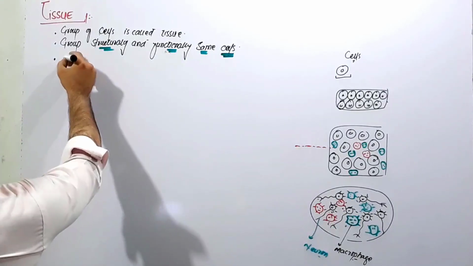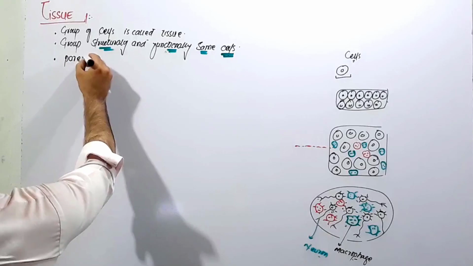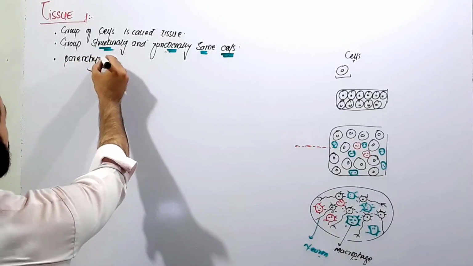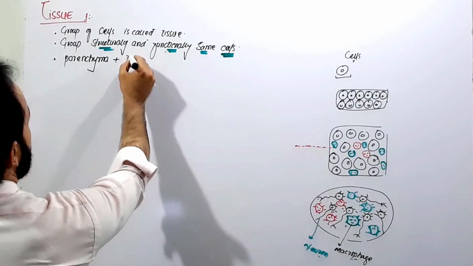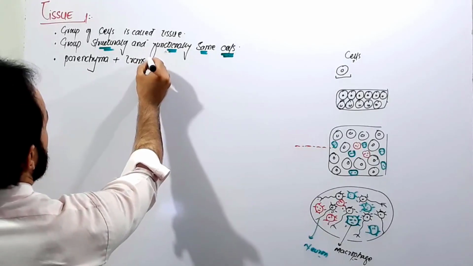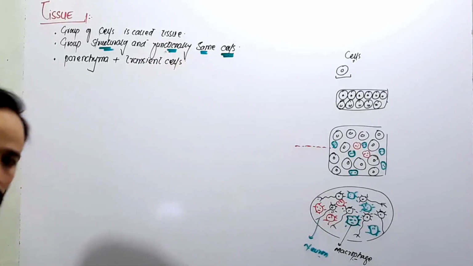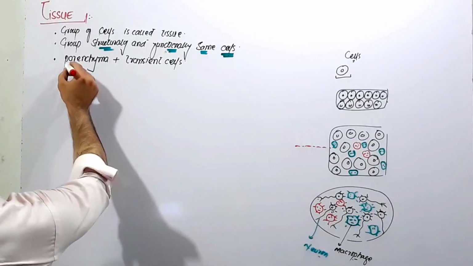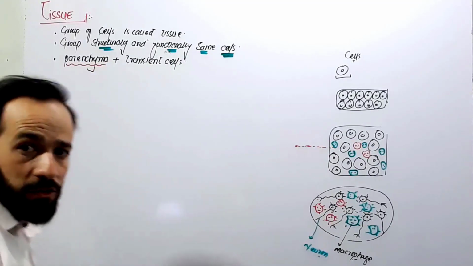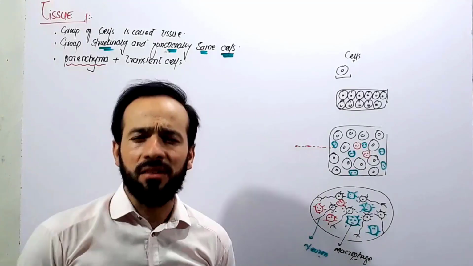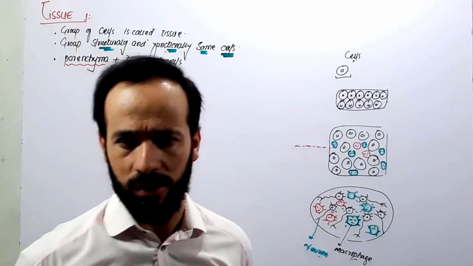So let me write here parenchyma, right, plus transient cells. Okay, so now I hope it's clear about parenchyma. What is parenchyma? Parenchyma is the permanent residence of the tissue.